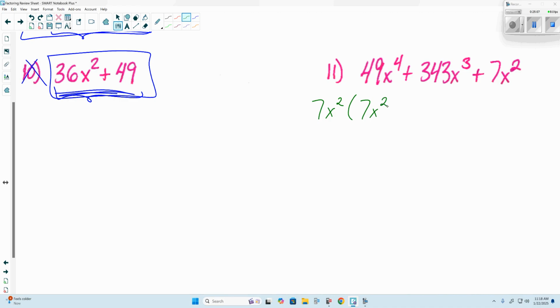If we factor an x squared out of x to the 4th, we're left with x squared. Plus, if we factor 7 out of 343, we're left with 49. And we factor an x out of x squared, we're left with x. Plus 1. This doesn't factor any further.